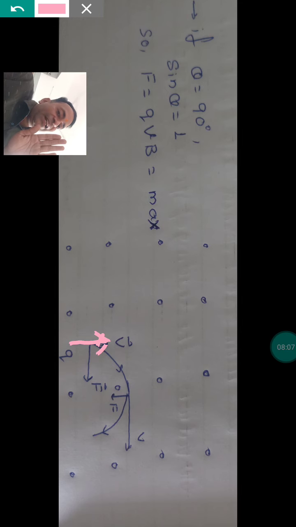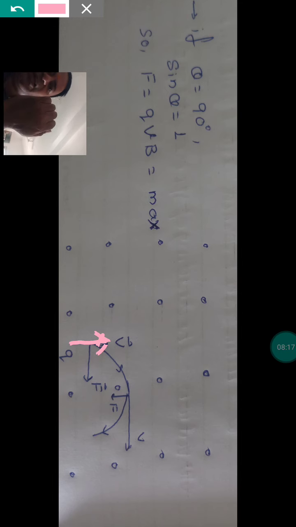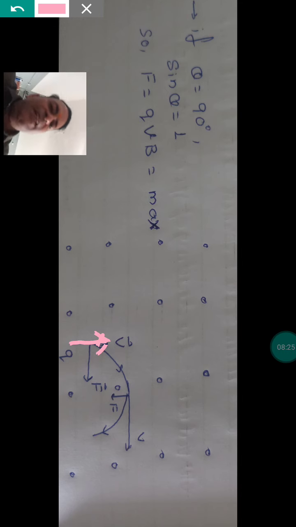Where is the magnetic field? Magnetic field is dotted, that means it is coming outside. So this is my right hand, it is in the direction of velocity. And when I curl the fingers outwards like this, and extend the thumb, it is going to show this direction. That means the direction of force is this.